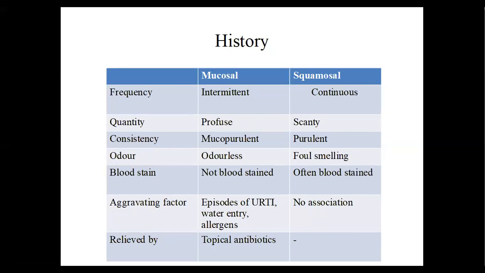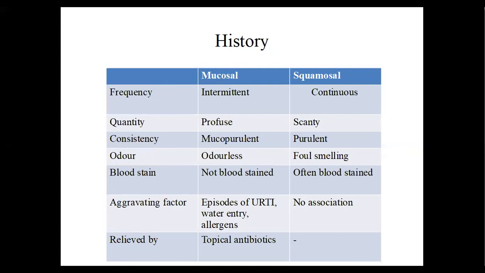So at that point the discharge is continuous, and you can imagine that it has no association with URTI or water entry, because the retraction pocket and the collection of keratin debris will continue to happen whether there is URTI or not. So that is the reason the discharge is continuous.